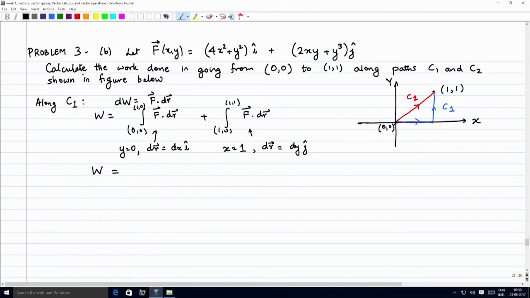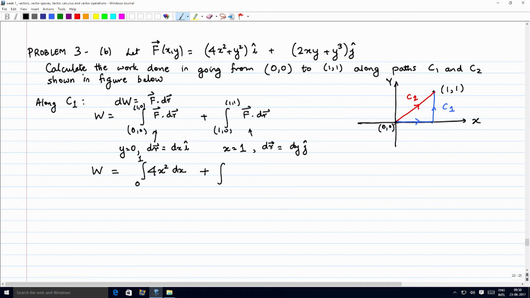Knowing this, I can easily calculate the work done. Along the first path, F dot dr is F dotted into i dx, so I just get (4x² + y²) dx, and along this path y equals 0. So, all you have is the integral of 4x² dx, from x equal to 0 to x equal to 1. Along the second path I put x equal to 1.